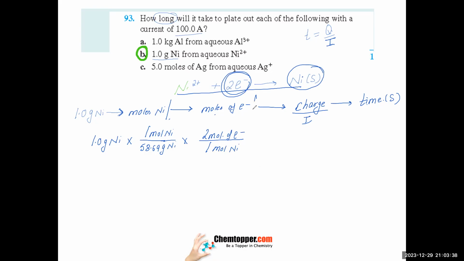Then I know that 96,500 coulombs is 1 mole of electrons. I reached up to charge. Now I have to divide it by the current. Current is given to me, 100.0 ampere, and then I will get time in seconds. Cancel the units.